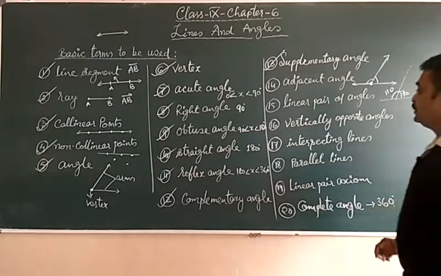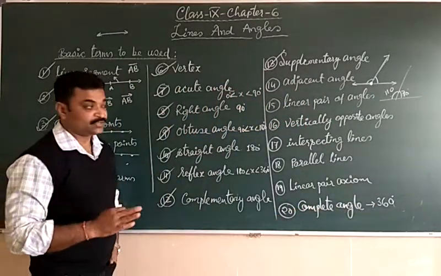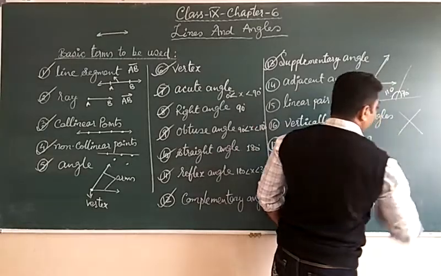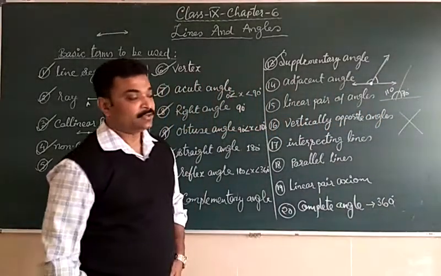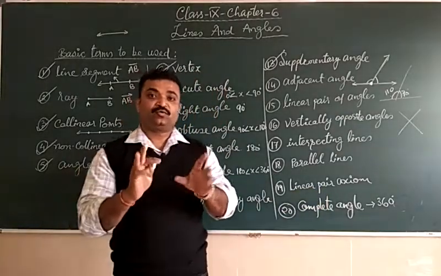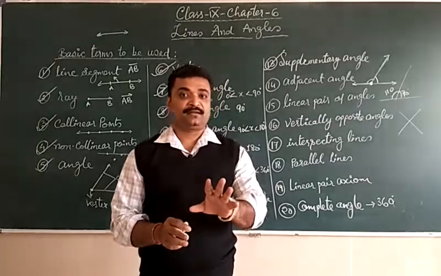Vertically opposite angles. When two lines are intersecting. What are intersecting lines? If two lines are there, then the lines may be intersecting or parallel.